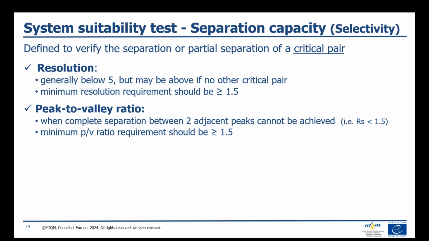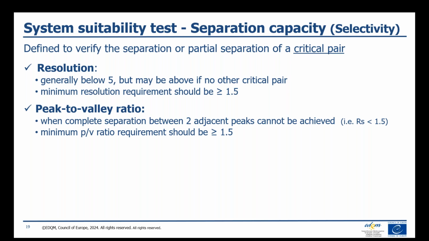But when the substances are really pure and there is no other critical pair, sometimes we can have a resolution which is above 5. On the other hand, we never set resolution requirements which are less than 1.5, because we consider that if the resolution is less than 1.5, the two peaks are not fully separated.